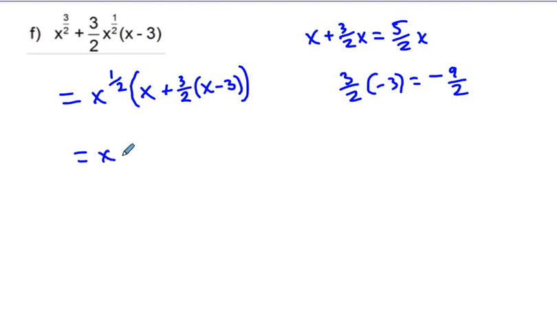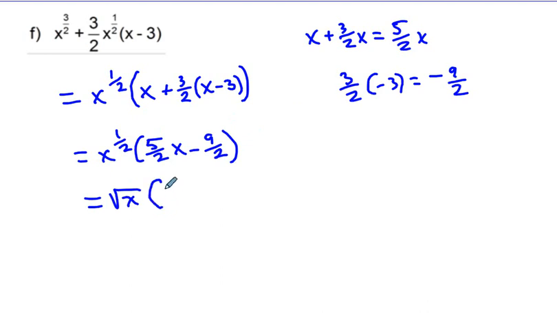So we're going to have x to the 1/2 times 5/2 x minus 9/2. And then we can take this x to the 1/2 power and just simplify that to be square root of x. And so this would be our simplest form.